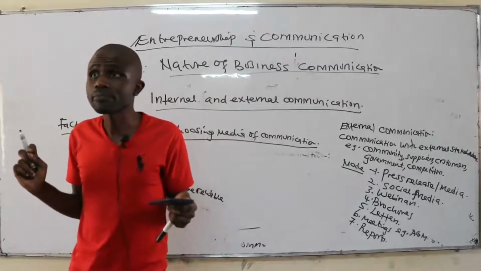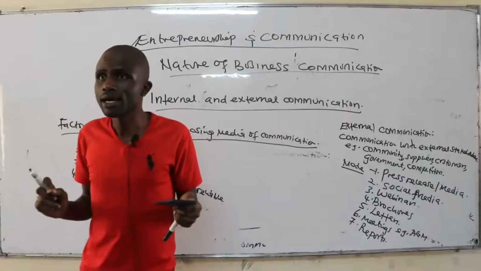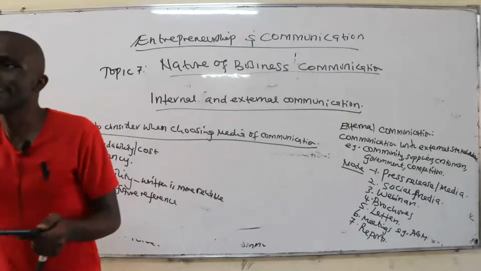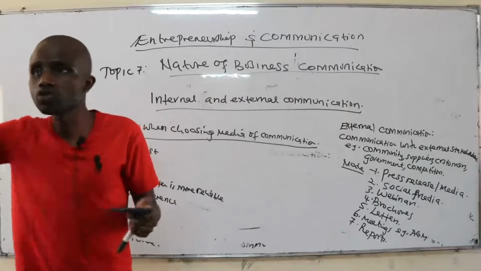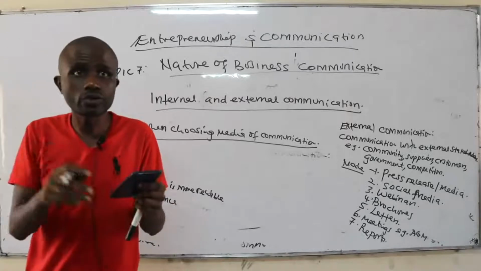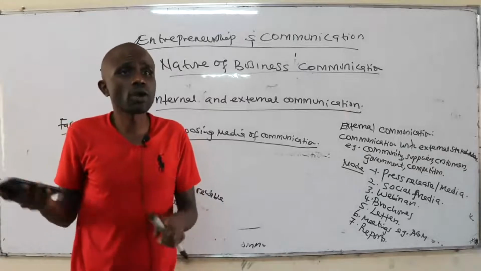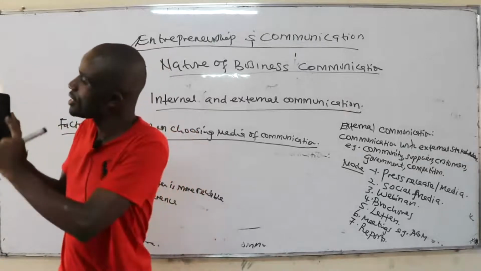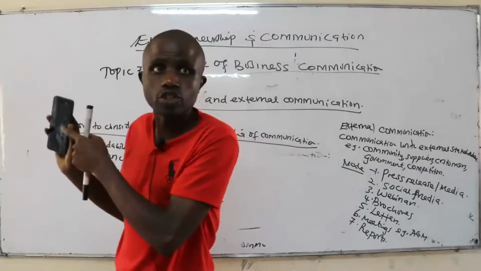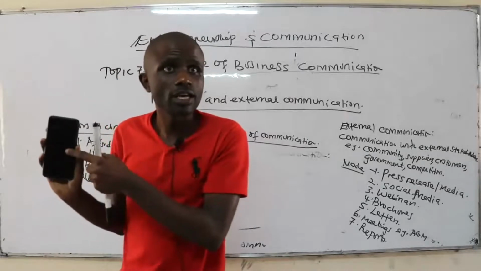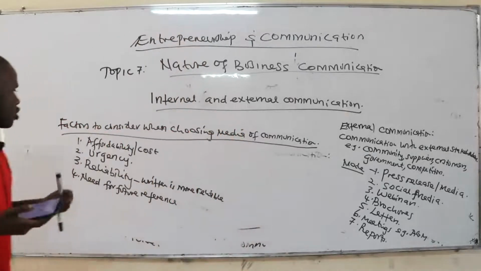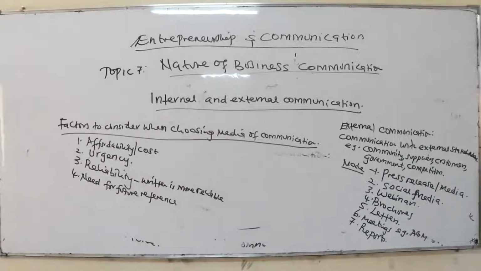Is that clear? I trace for you the email that I communicated to all of you and I show you. Or maybe I sent you a message on our group WhatsApp. And I tell you, did I not tell you? I can show you the WhatsApp message that I sent you. Is that okay? So with written means, you can refer.